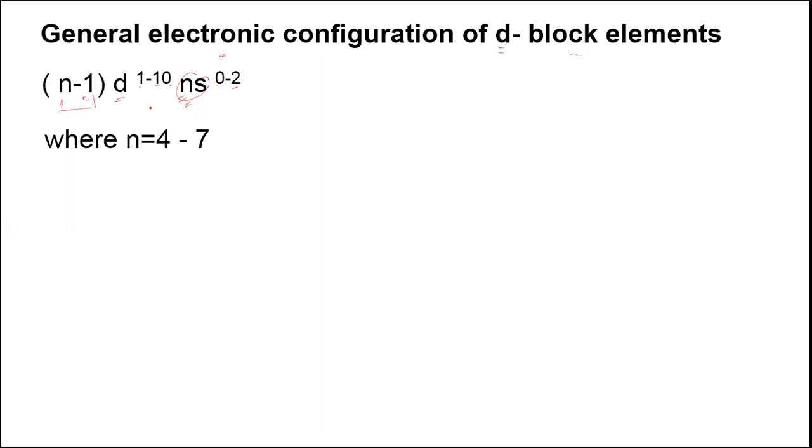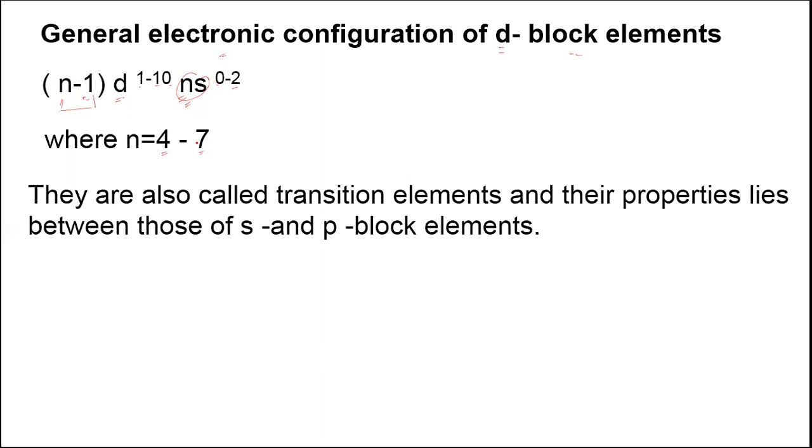Here value of n varies from 4 to 7. They are also called transition elements because of their properties lie between those of S block and P block elements.